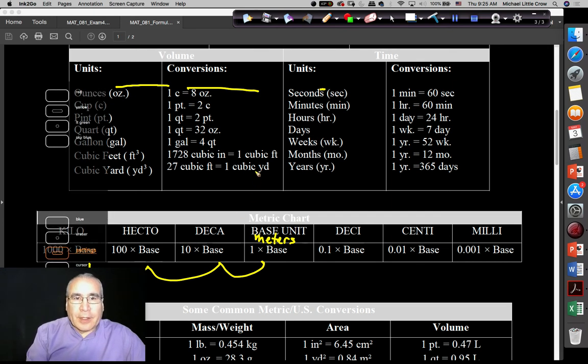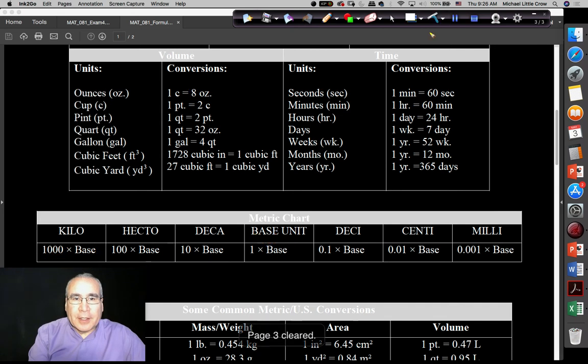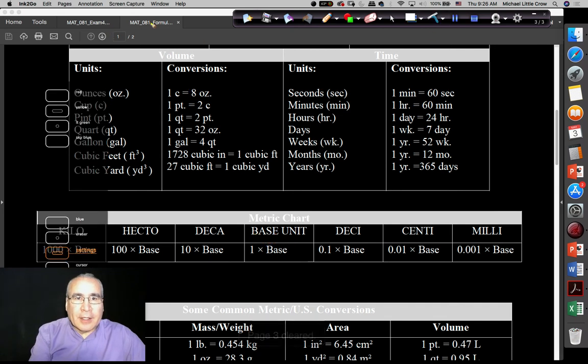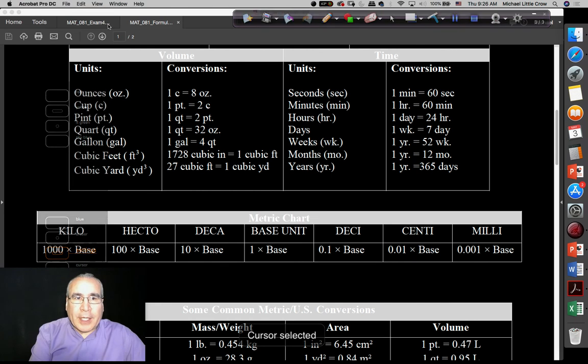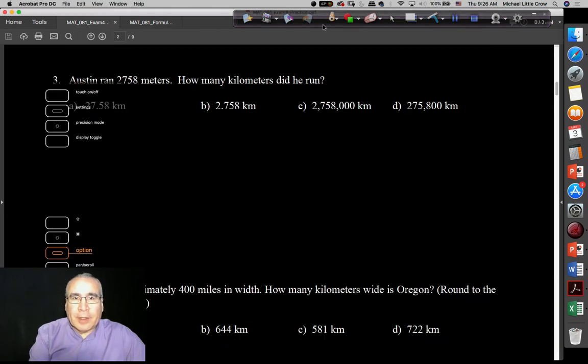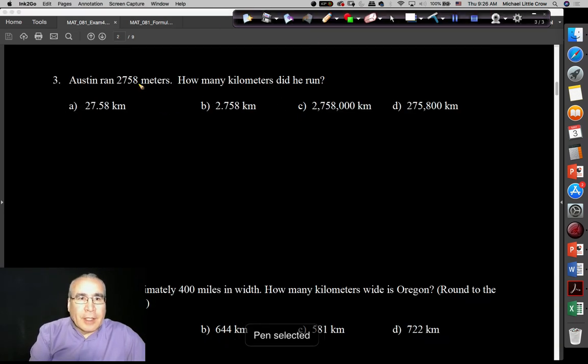So let's clear this and go back. What we need to do is the decimal is actually sitting here. We need to move it 3 places. 1, 2, 3. So our answer should be 2.758.